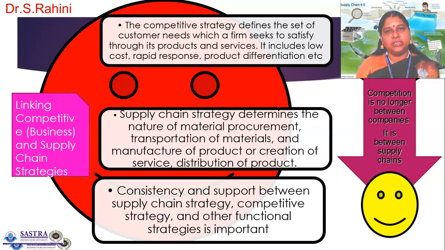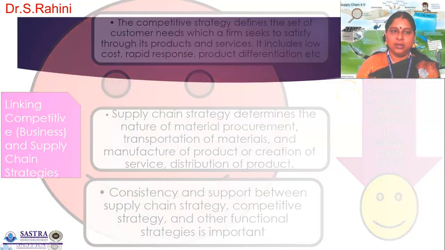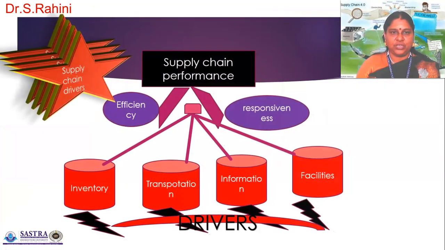So that will be dealt with here in this competitive strategy. So there is a linkage between the competitive and the supply chain strategies. This is the linkage we have to talk about. So your strategies should also satisfy the processes of supply chain.